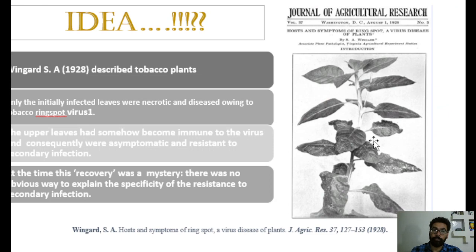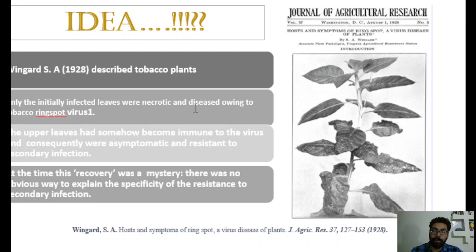industry. So, how did the idea of RNAi come? First of all, in 1928, Wingard performed an experiment on tobacco plants. The tobacco plants infected with the virus showed a very strange phenomenon in infection symptoms.